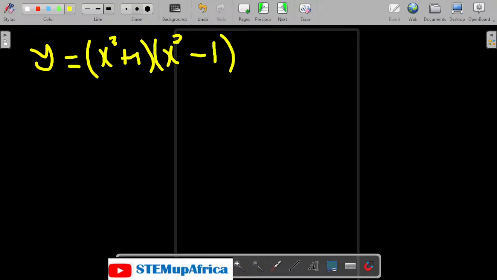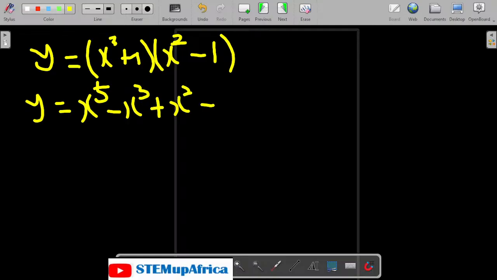So in place of y, I can change it to f of x. My f of x will be written as (x cubed plus 1) into (x squared minus 1). The easiest way to do this is to expand, instead of using the product rule. Y will give us x to the power 5 minus x cubed plus x squared minus 1.